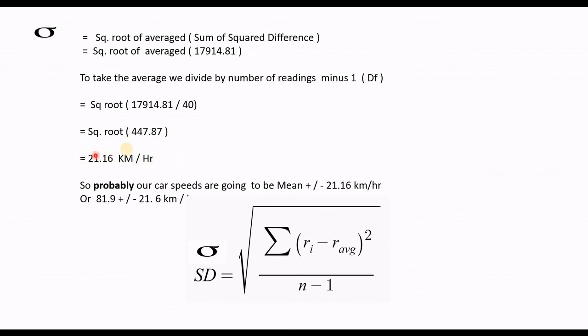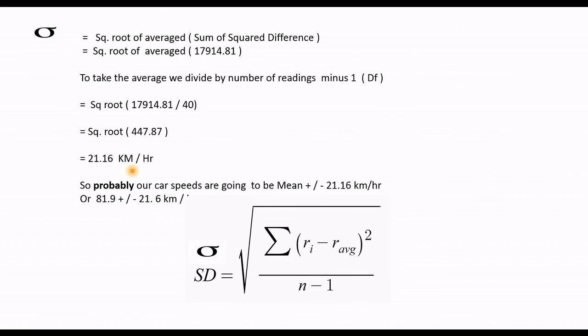This, dears, is our standard deviation. So we get the standard deviation sigma of 21.16 kilometers per hour. What does it mean now? It means roughly that probably our car speeds are going to be between the mean plus or minus 21.16 kilometers, that means plus or minus the standard deviation.